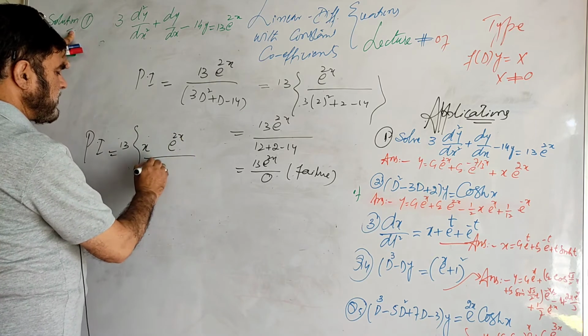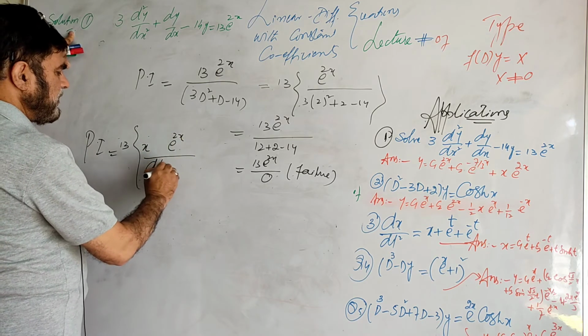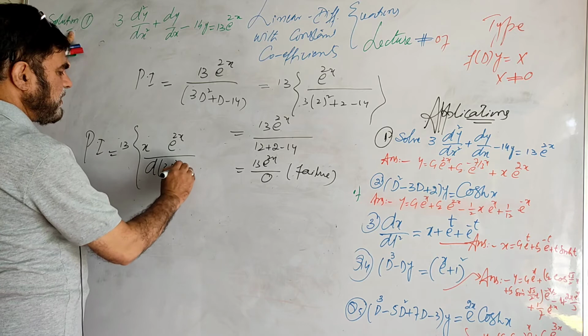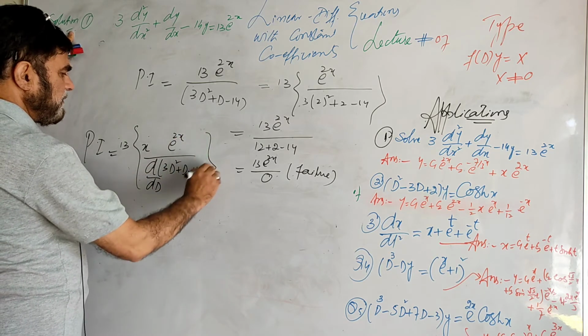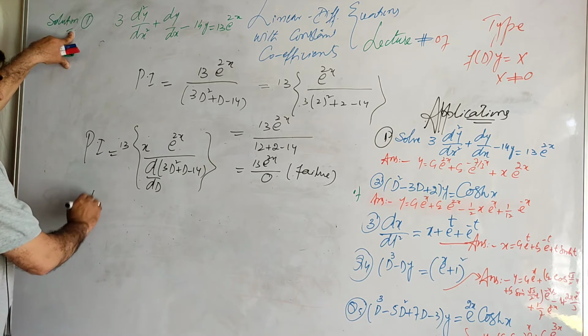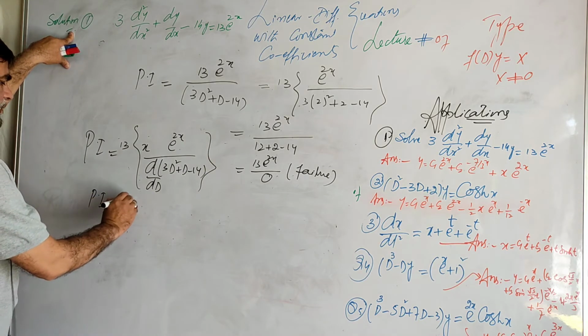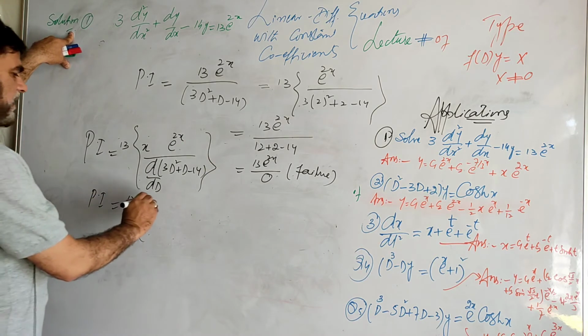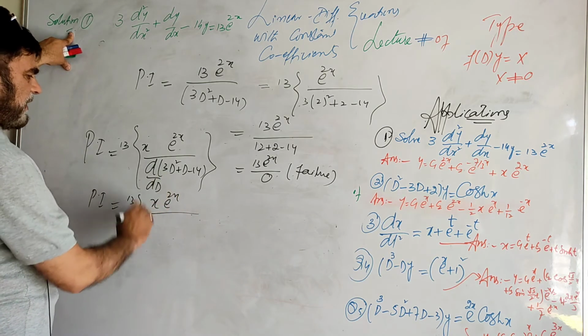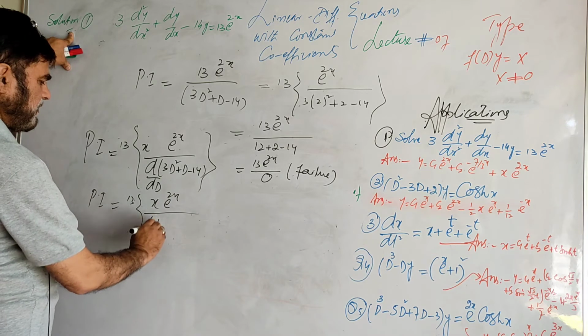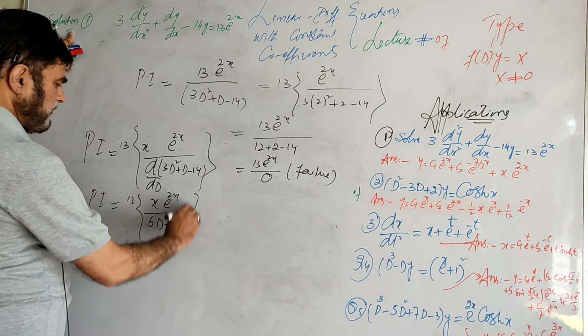You write the differentiation of 3d square plus d minus 14 with respect to d. This is the particular integral. It is equal to 13 x e raised to power 2x. Differentiate this, it is 6d plus 1.